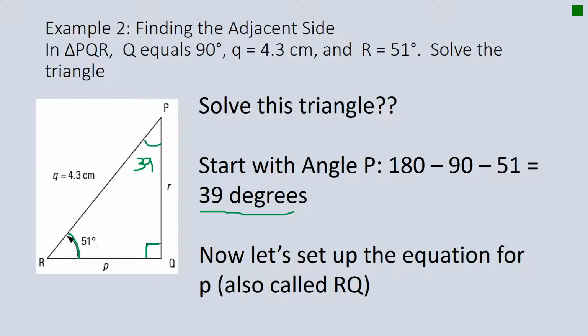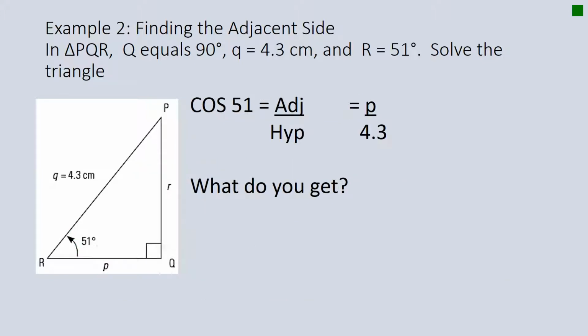So set up your equation for P. We're going to look for P first. They sometimes call it RQ. Okay, so you set it up and see what you get. So I decided to use the 51. You could have used the angle we found up here, but I'm using 51. So my cosine would be my adjacent side to P, which we don't know, over 4.3, our hypotenuse.